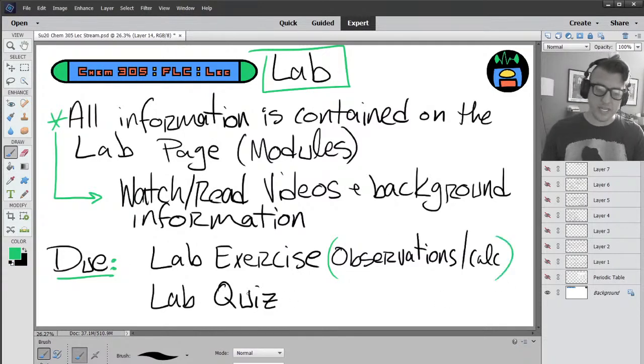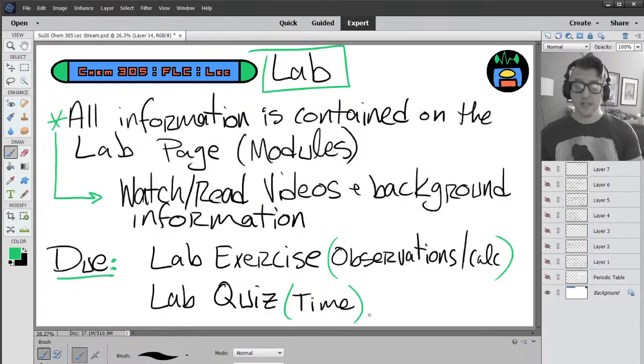And then the lab quiz is timed. They're typically 30 minutes. I think they're all 30 minutes, actually. The specific information about each lab quiz is on each lab page. So for every experiment, there are 2 components that your grade is attached to.